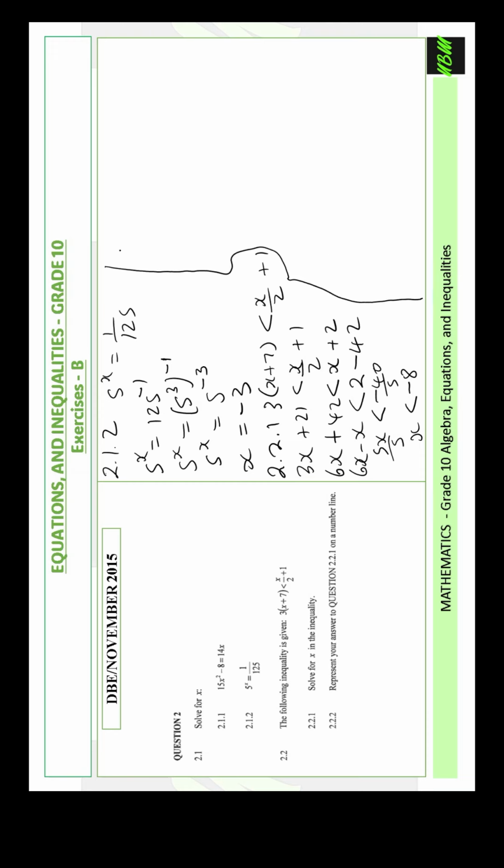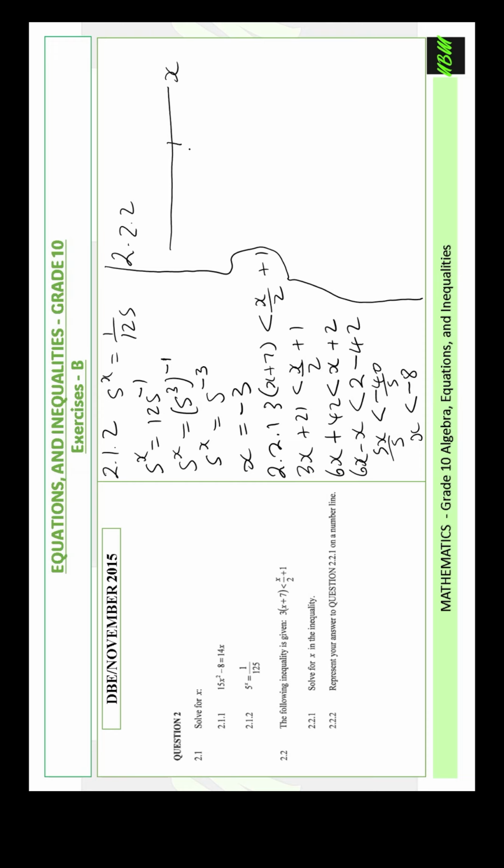Then let's have 2.2.2. 2.2.2 says represent your answer to question 2.2.1 on a number line. So we draw a number line which will represent the values of x. Then what is the value that we got in 2.2.1? x is less than negative 8.